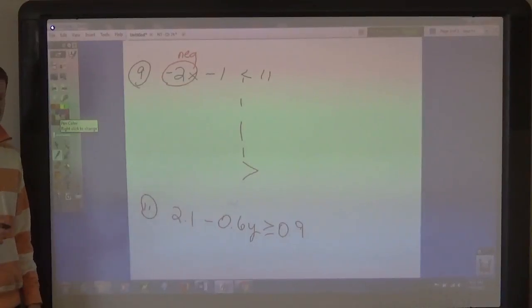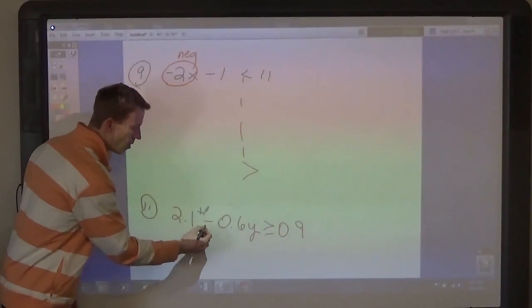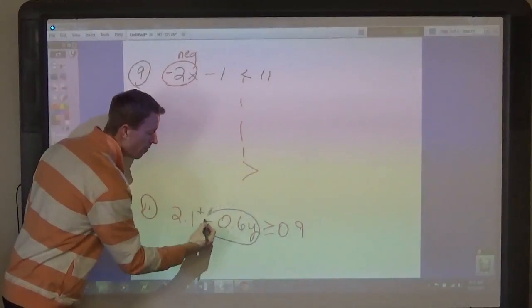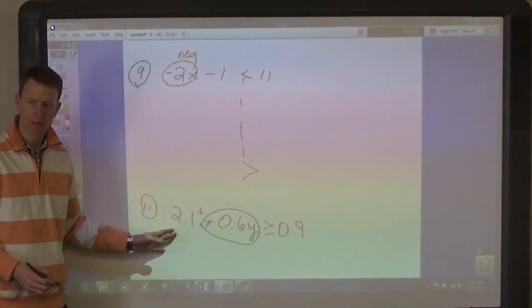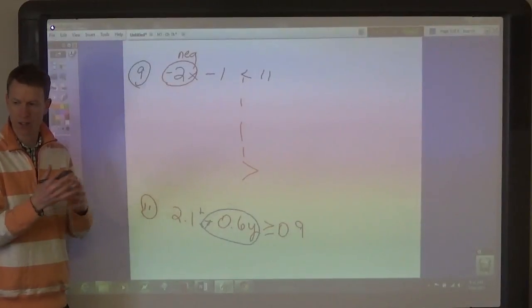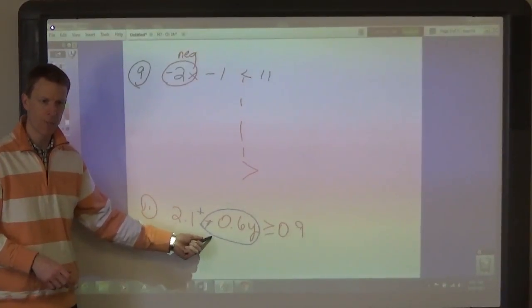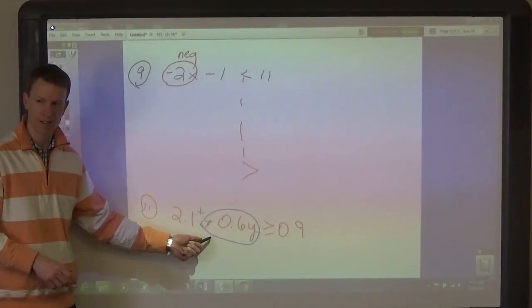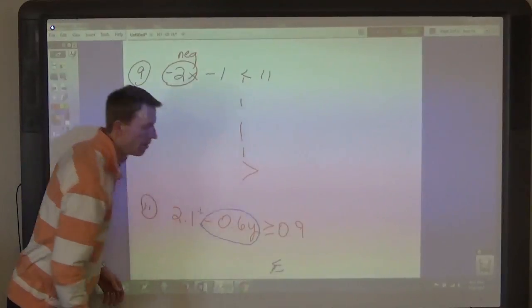Where's the coefficient? So it's plus negative 0.6y, that's the only variable term. We're not going to have to add anything to this variable term, except we have to divide by a negative at the end to solve it. So we will have to reverse the sign at the end.